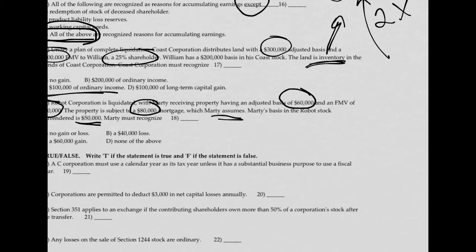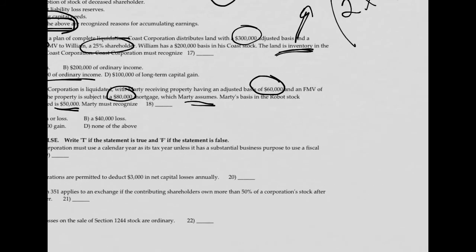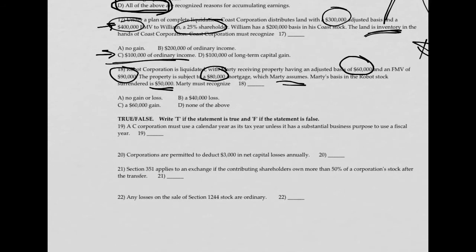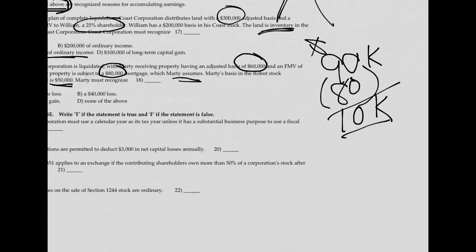Don't worry. So what did Marty get? Marty got land with a value of $90,000. But does it really have that value? It's subject to a mortgage. He's taking the mortgage over. The mortgage detracts from the value of what he got, and so the real value of the property in his hands is only $10,000. What was his basis? $50,000.